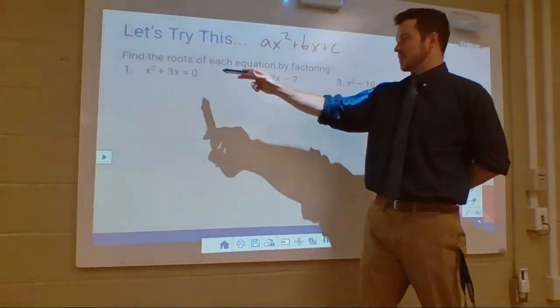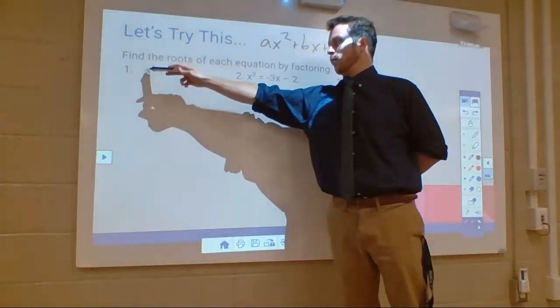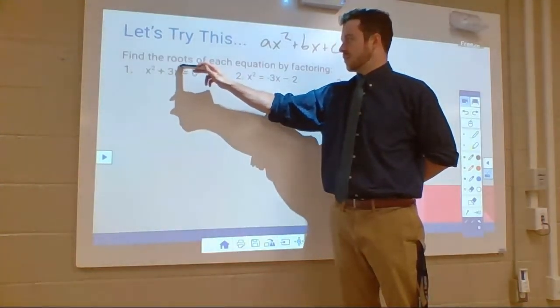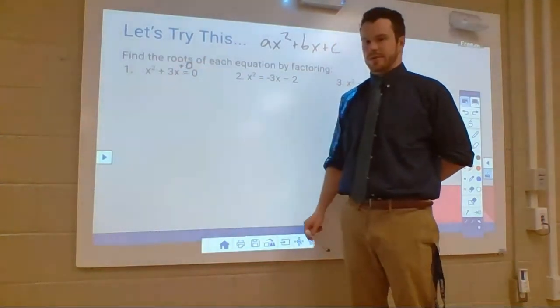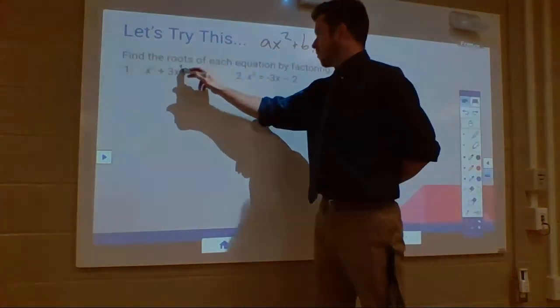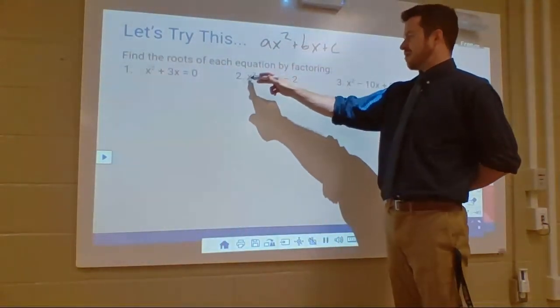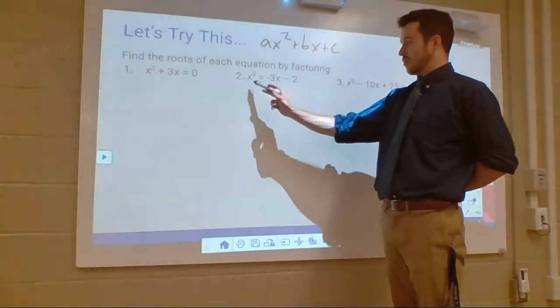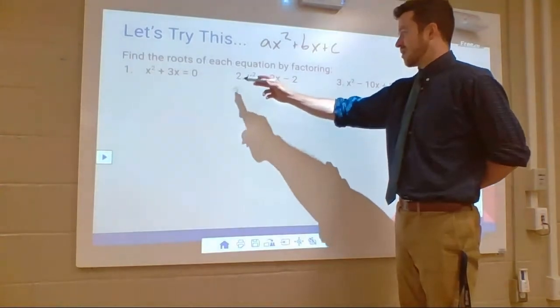So in number 1, a was 1 and b was 3, and c was 0, plus 0 right there. But in this case, we just have ax squared, where a is 1 right here. The coefficient of x squared is 1.